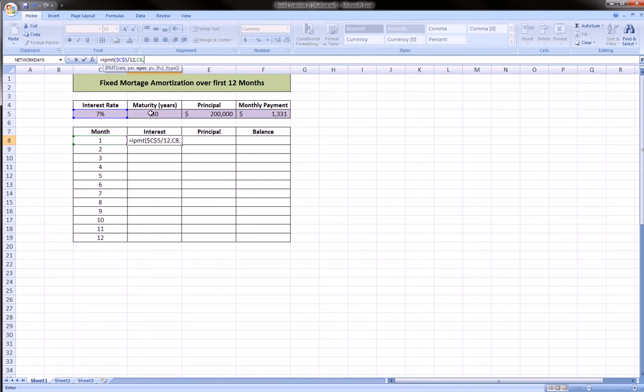The maturity, the Nper, is the number of payments, so it's the maturity times 12, and we're going to lock that cell. Make it an absolute reference.